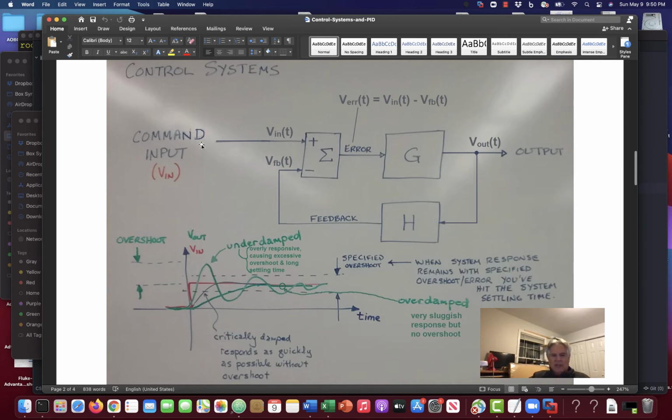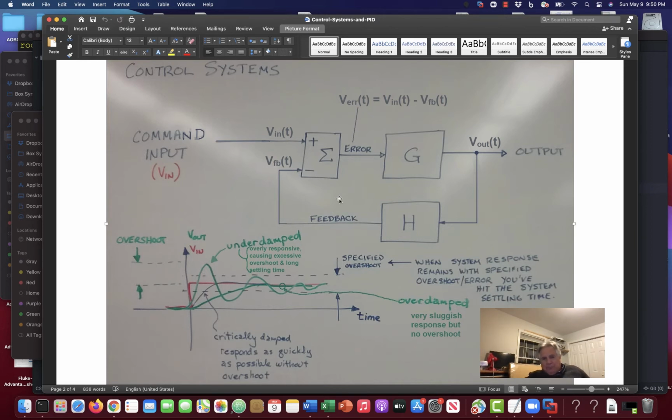You'd have an analog voltage coming in saying, I want the system to do something to a certain degree, and then you have feedback from the output, and this G and H block, they're just filters to maybe get rid of noise or do whatever else is necessary. Maybe some gain here to drive an actual motor or something.